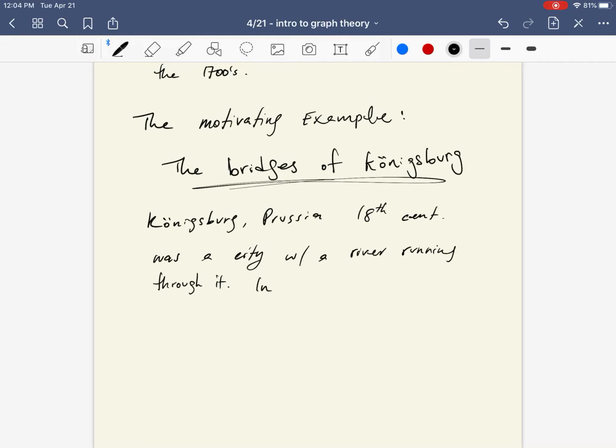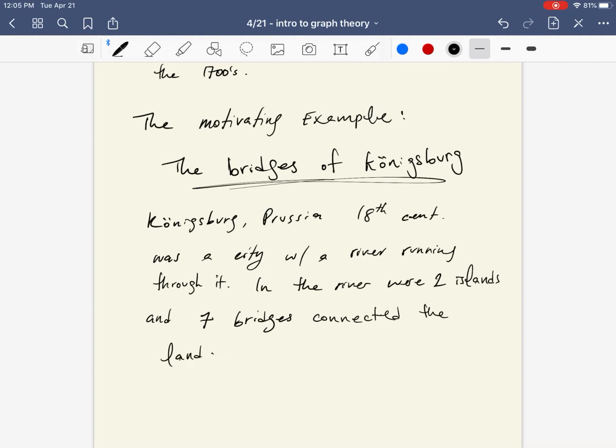In the river were 2 islands and 7 bridges connected the land masses as shown below.